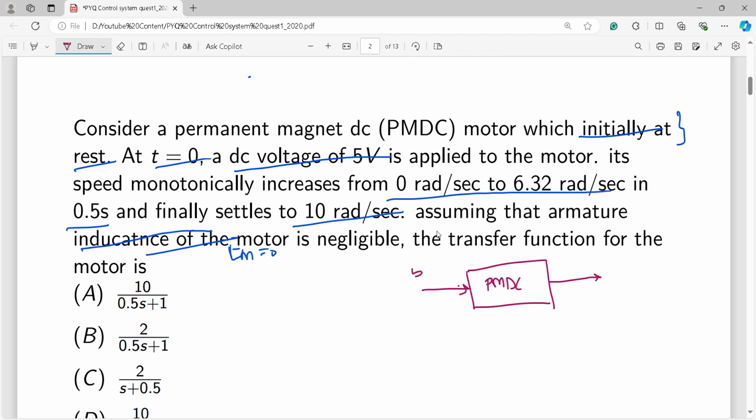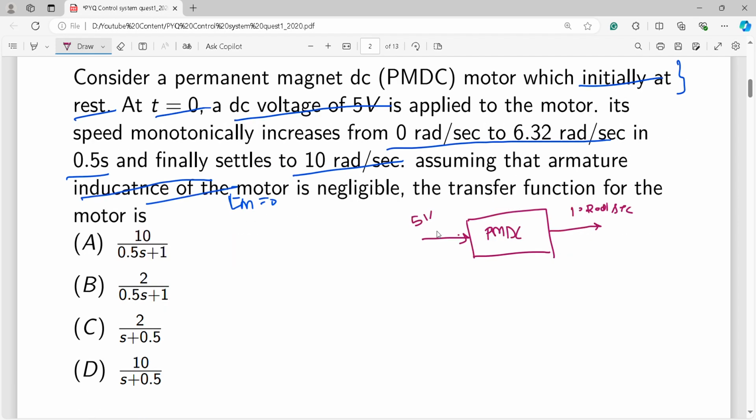So this is 5 volt and this is the 10 radian per second we finally get. In the Laplace domain, this is capital V(s), 5 by s, and this is 10 by s. This is the speed, so this is your capital omega(s).